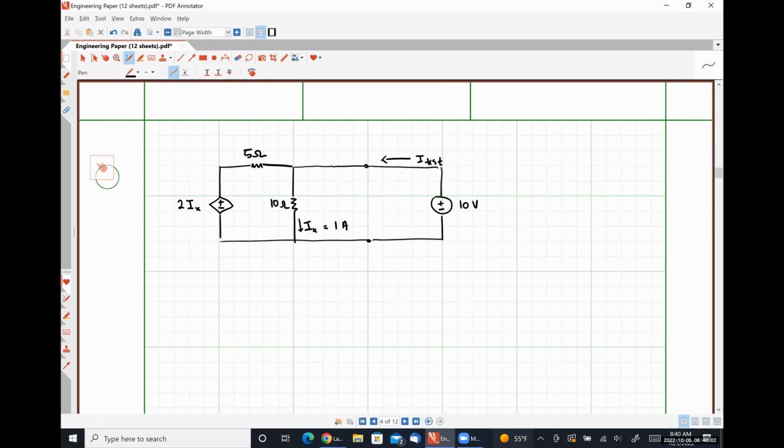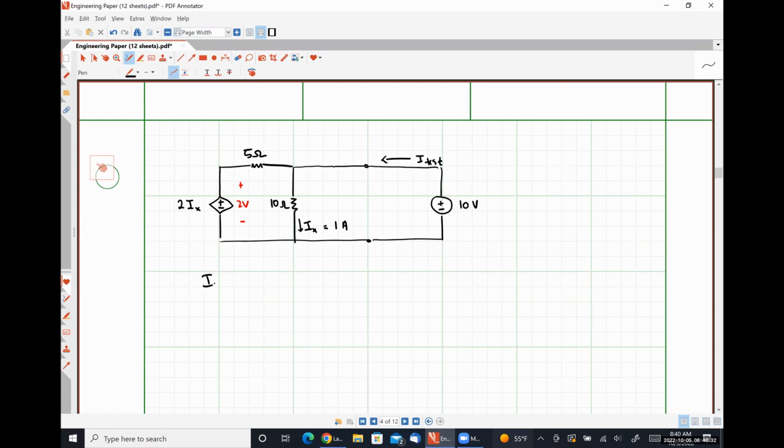Right? So if we know that IX is 1 amp, we effectively know there's a 2 volt drop over our dependent source. And so instead of having to write a system of equations using nodal or mesh analysis, we can actually just apply Kirchhoff's current law to figure out what I test is here, right?